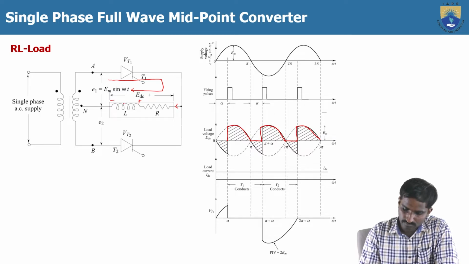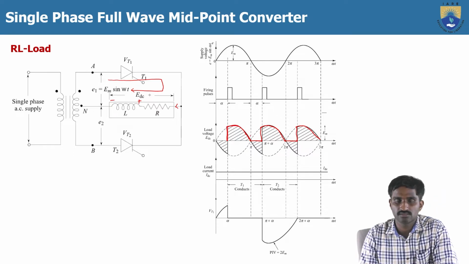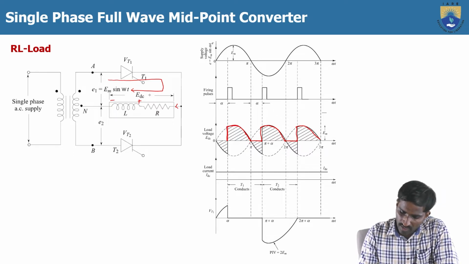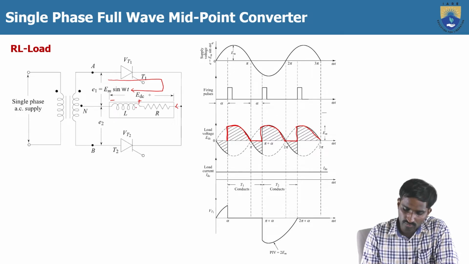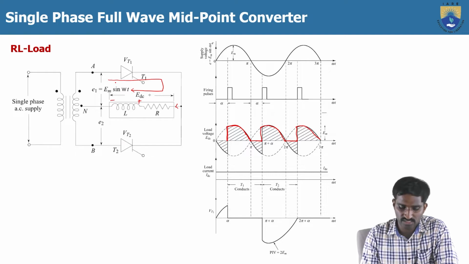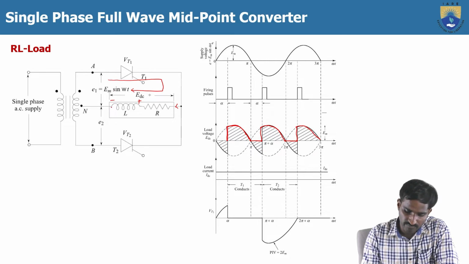Then the load voltage that we get here is the same as the supplied voltage. But after pi, even though you are applying a reverse biased voltage, the energy stored in the inductor will get discharged by reversing the terminals, plus and minus.